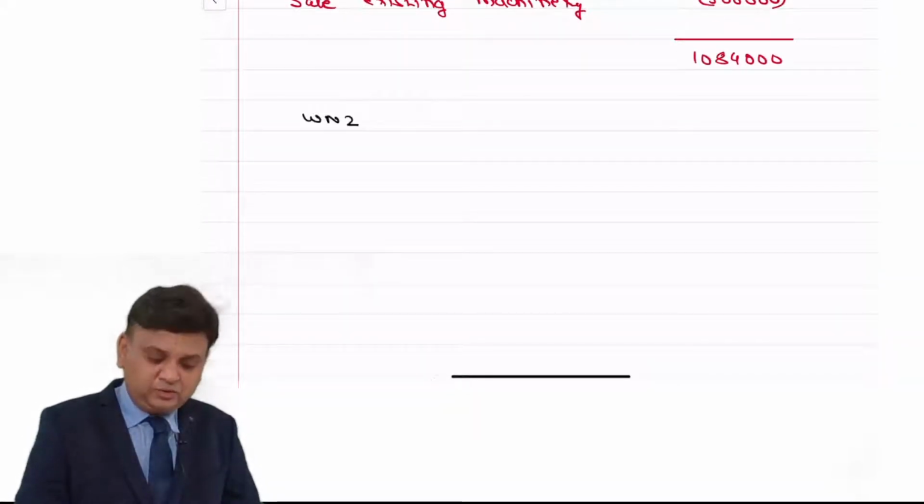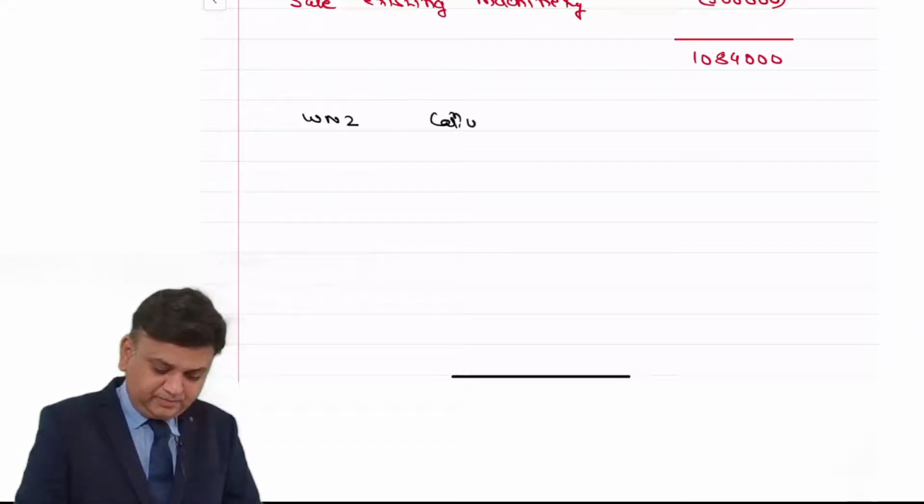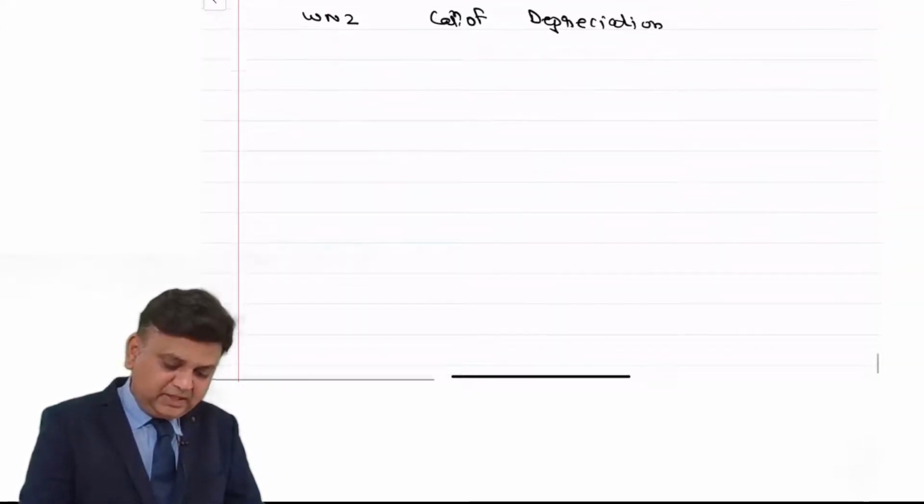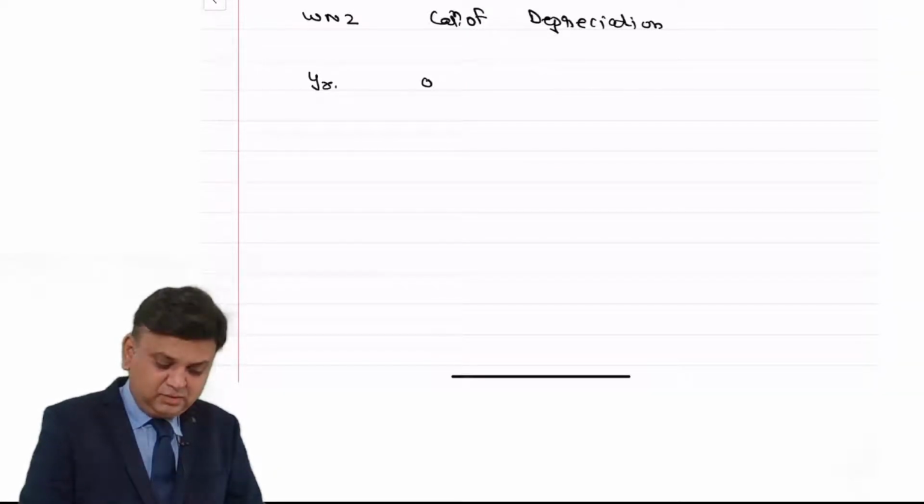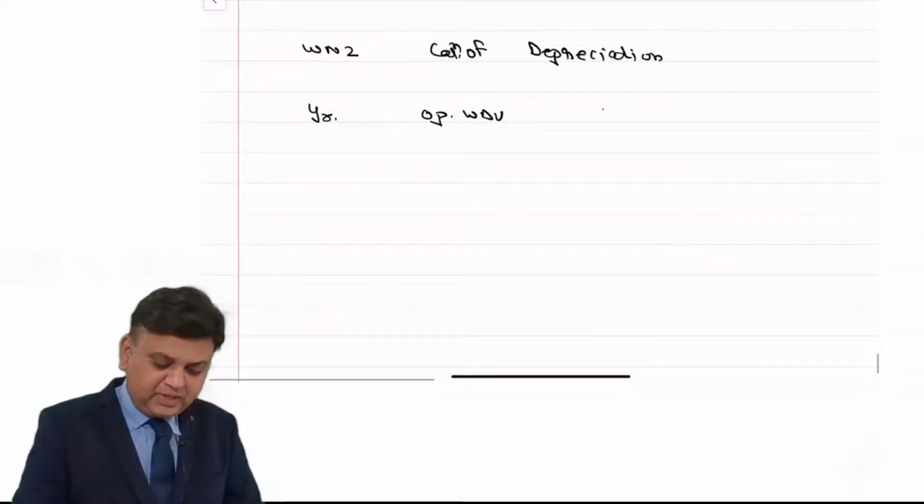So working note number 2, calculation of depreciation. In that, column number 1 is year, column number 2 is opening WDV, third column is depreciation.